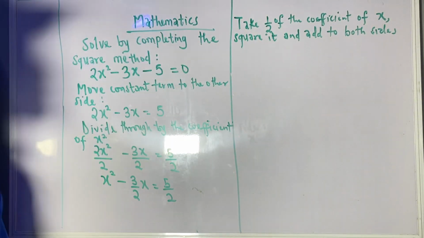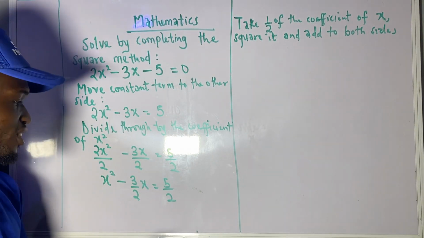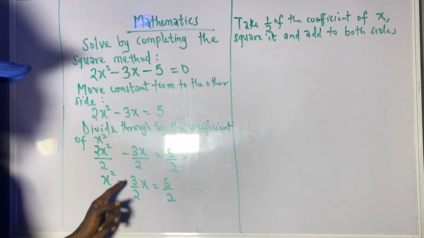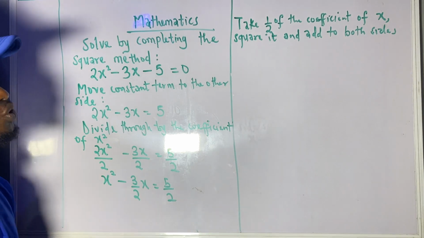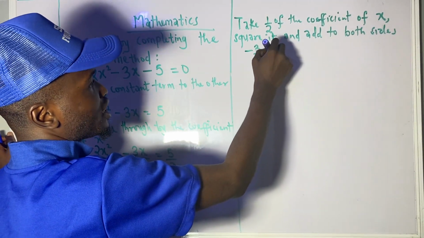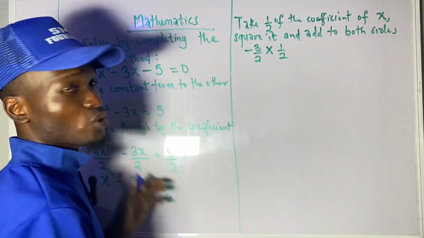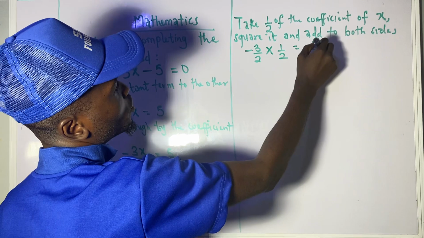So first, what is the coefficient of x? Ordinary x, not x squared this time around. So the coefficient of x is minus 3 over 2. So that is minus 3 over 2 times half, because they ask us to half it. So this will give me minus 3 over 4.